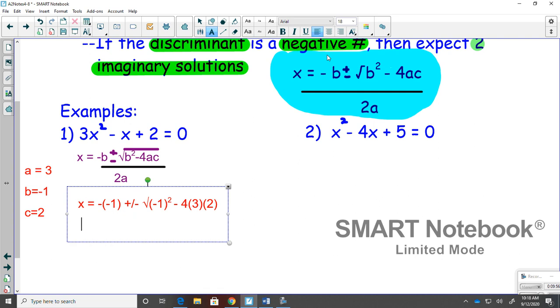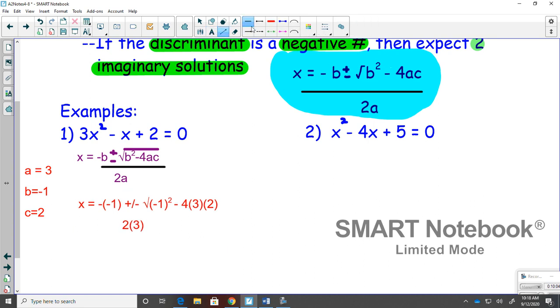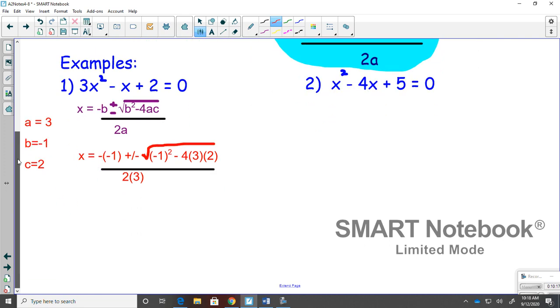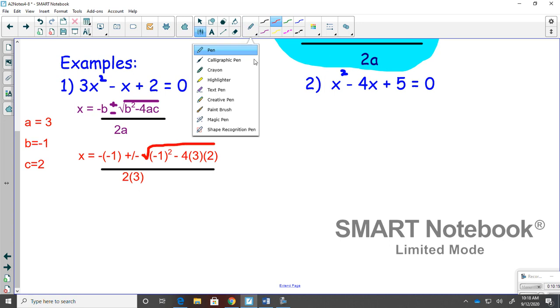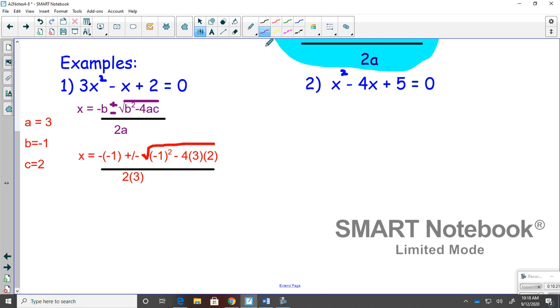And then it's divided by 2 times 3. Get all the notation before we move on. There's my big square root symbol. And so when you're looking at the next step, you would always want to simplify.